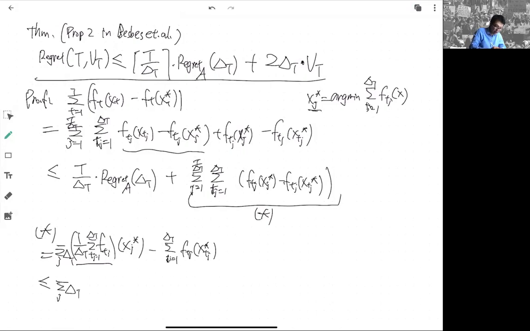So I'm going to replace it with the average of x_tj star. Okay, so I can always do that using the fact that x_j star is optimal. It's the optimal fixed comparator. I'm replacing it with a different fixed comparator, and this one is obviously going to be worse. Okay.